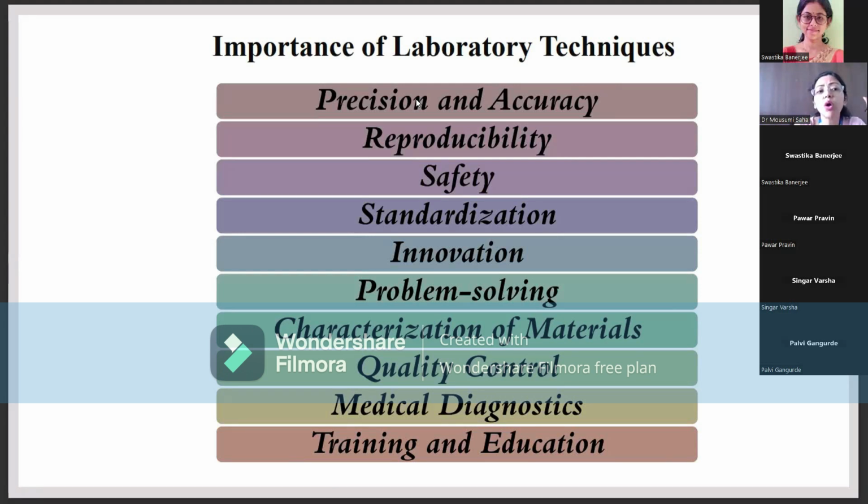But if I am working with cell biology or tissue culture, with different cells and cell lines, then I need BSL 2, a minimum of a biosafety cabinet class 2. So in that case, precision and accuracy of the laboratory technique or instrument is very much required with respect to the experiments we are conducting, like what reproducibility it gives.